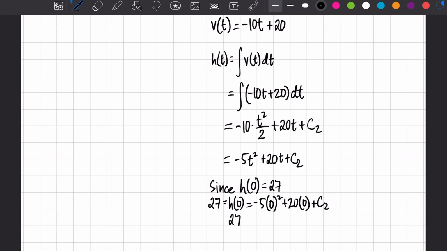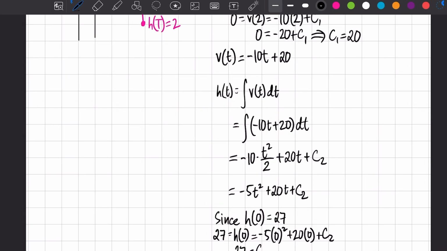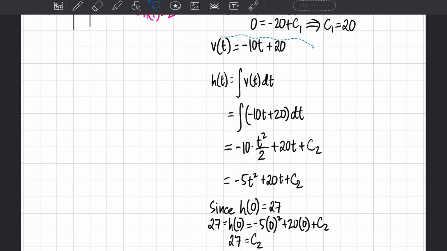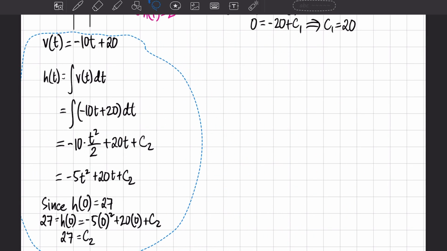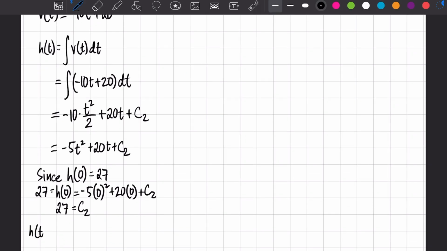So that means 27 equals, this one will be 0, this one will be 0. So you have c2 equals 27. And that means, okay, I don't have space anymore, so I'll put it on this side. So that means that your h of t is negative 5t squared plus 20t plus 27. Okay?